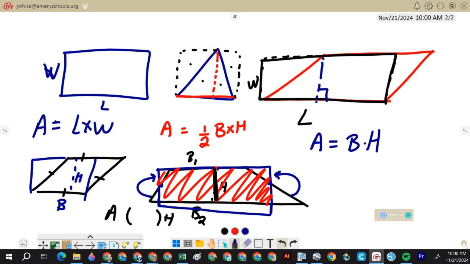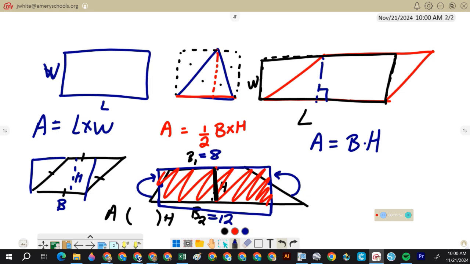But what if I put numbers to it? What if I said that base 1 was 8 and base 2 was 12? How big is the base of the rectangle going to be? Anybody figure that out?